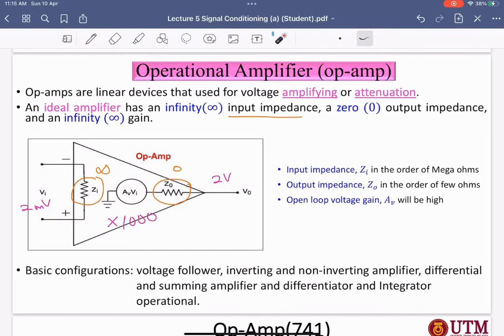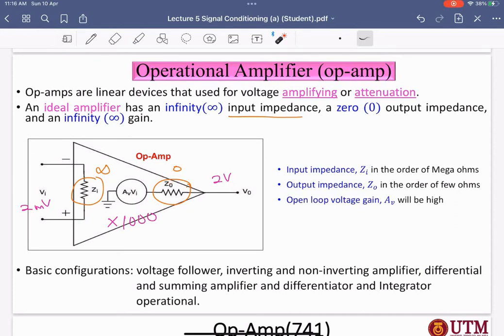We assume that this one is equal to 0, this one equal to infinity. Inside the OM, you have a very large input resistance with the value of infinity, and it also has the output impedance, the value is almost 0.